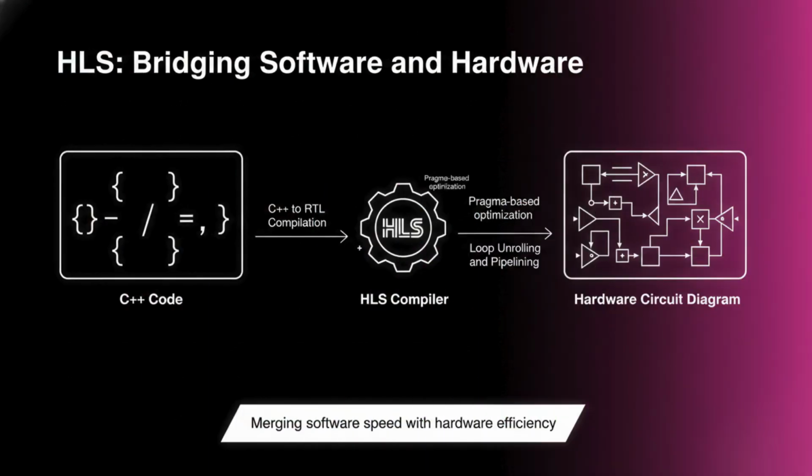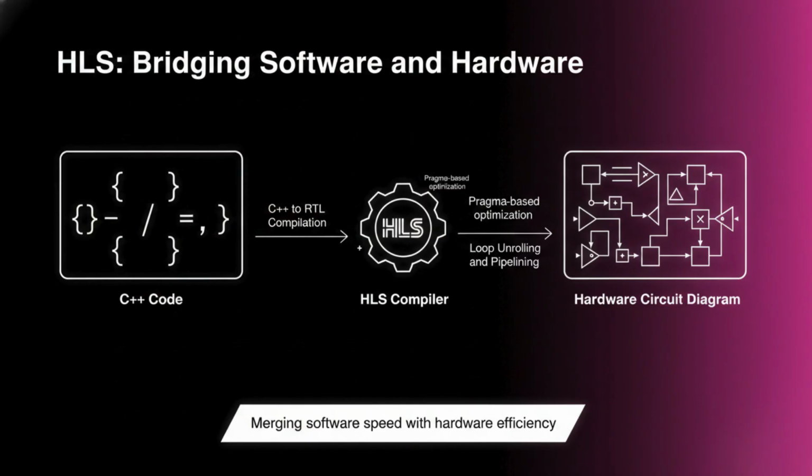Historically, FPGAs were programmed using hardware description languages like Verilog or VHDL, which were inaccessible to most software engineers. Enter high-level synthesis, or HLS. HLS allows us to compile C, C++, or OpenCL code directly into register-transfer-level logic.